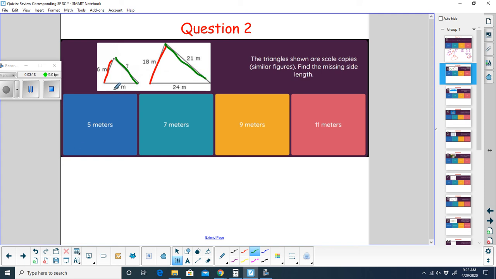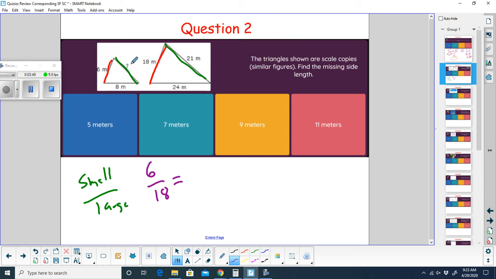Now, I could have also used 8 and 24, but I'm going to use 6 and 18. So we have, I'll call it the small to the large. So the side on the small that is 6 goes with the side that's 18, just like the side that we don't know, so I'm going to use a variable here.